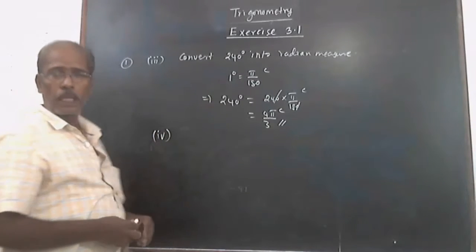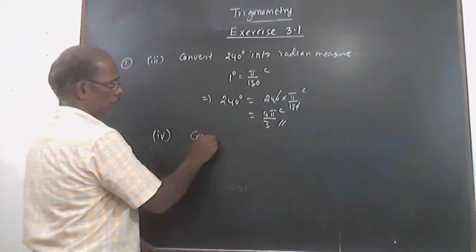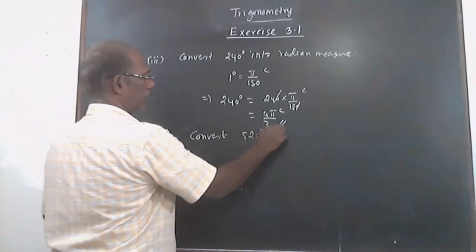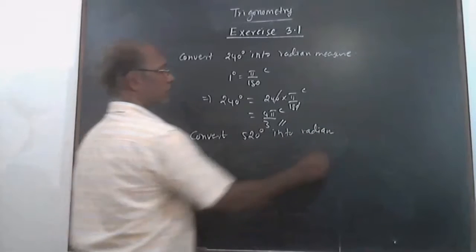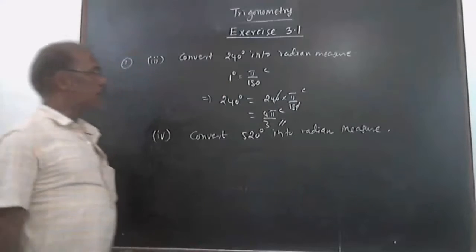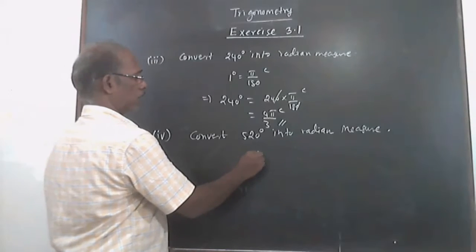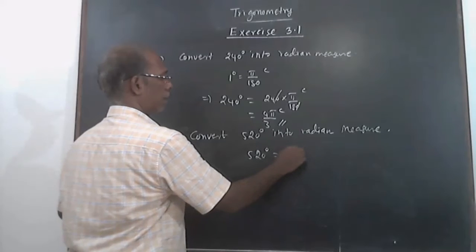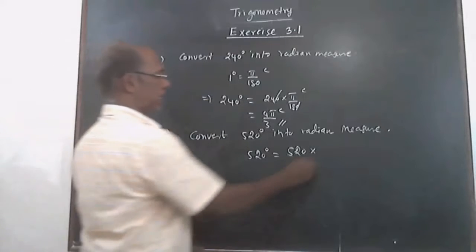Subdivision 4, the fourth subdivision: convert 520 degree into radian measure. Usual formalities should be applied. 520 degree is 520 into 1 degree, and 1 degree is pi by 180 radian.